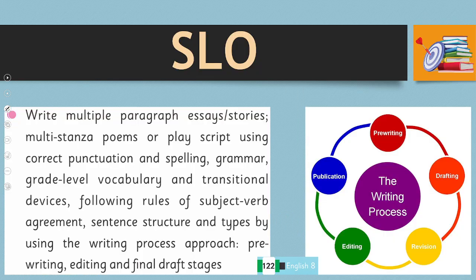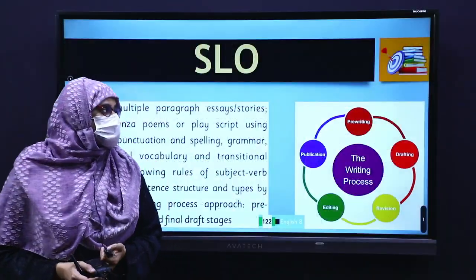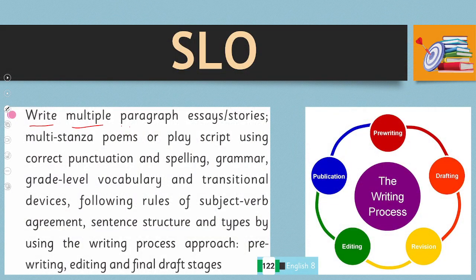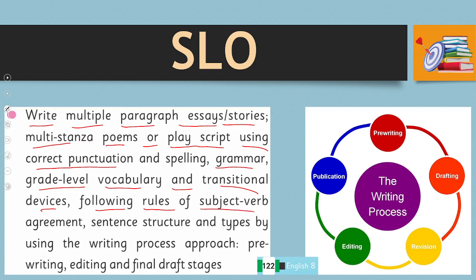Before jumping onto the topic, let's have a look at the SLO first. Write multiple paragraph essays, stories, multi-stanza poems or play scripts using correct punctuation and spelling, grammar, grade level vocabulary and transitional devices, following rules of subject-verb agreement, sentence structure and types by using the writing process approach, pre-writing, editing and final draft stage.